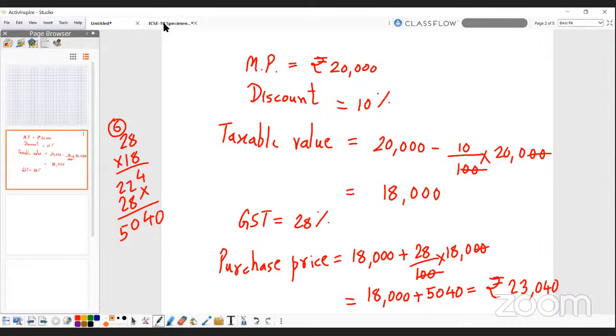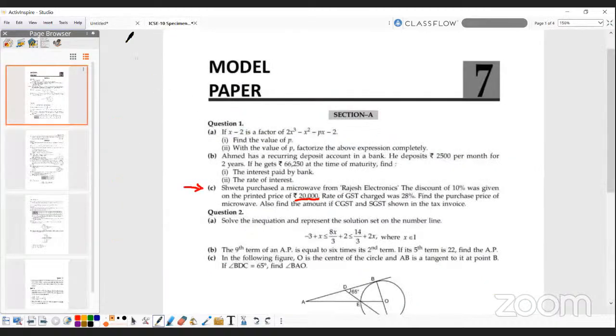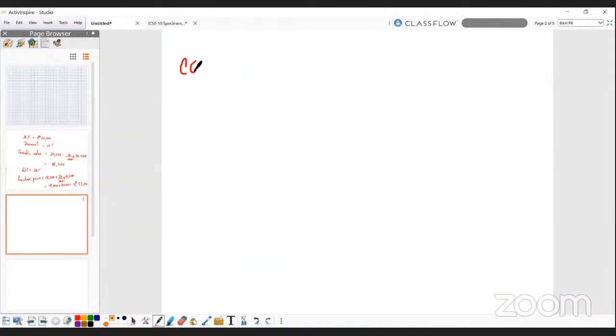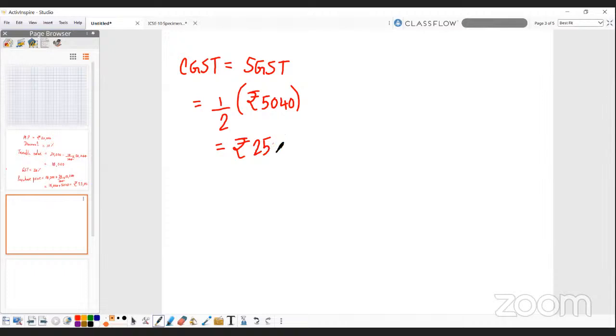Question was also asking you to tell the CGST and SGST separately. So it will be simply half of 5040, right? CGST equal to SGST. It will be half of rupees 5040, which is rupees 2520. Okay.